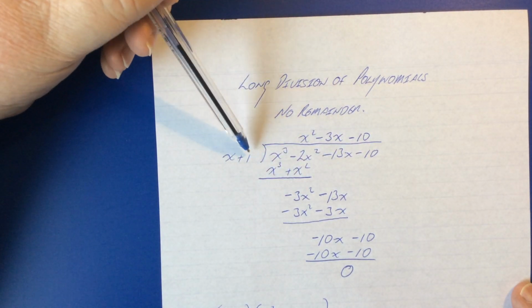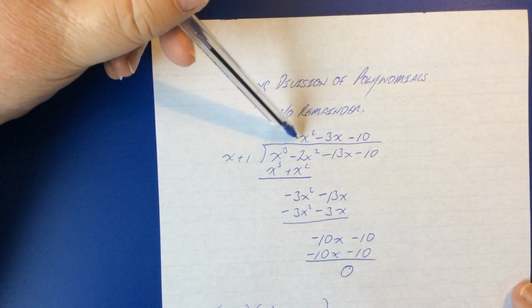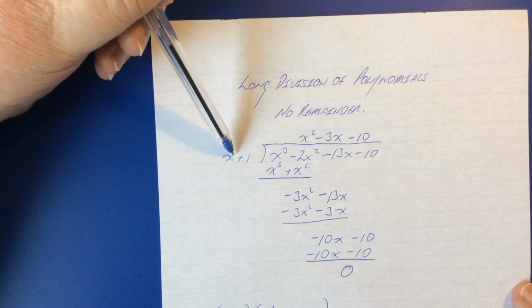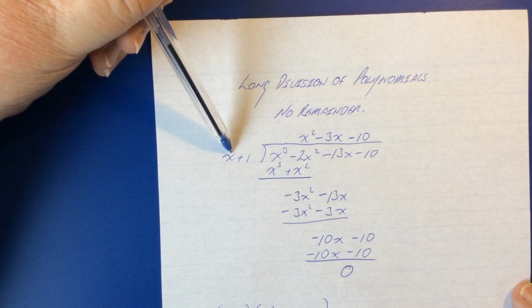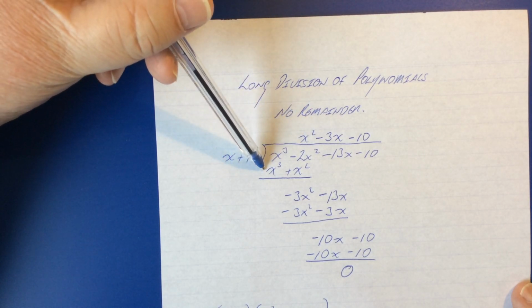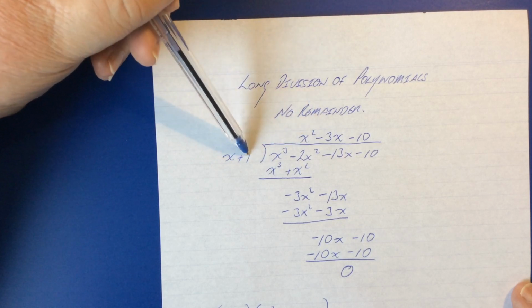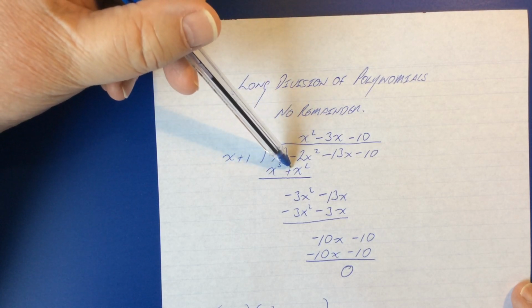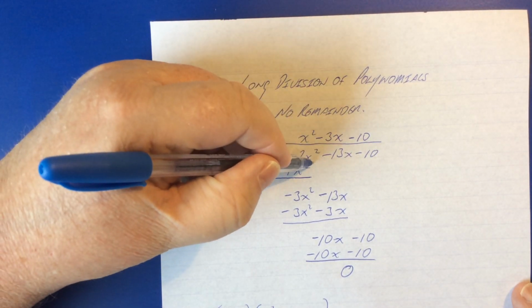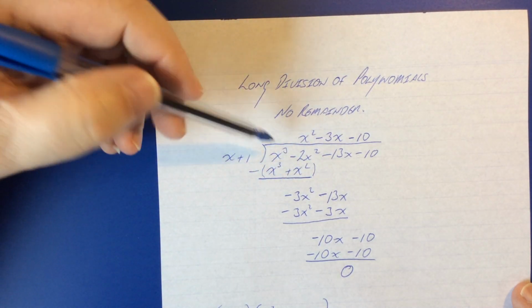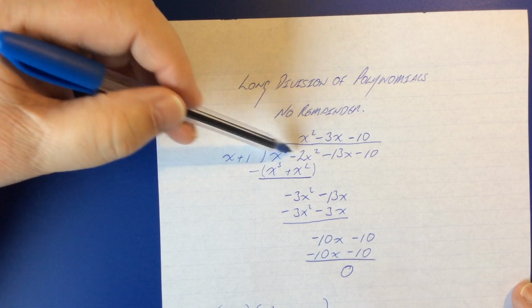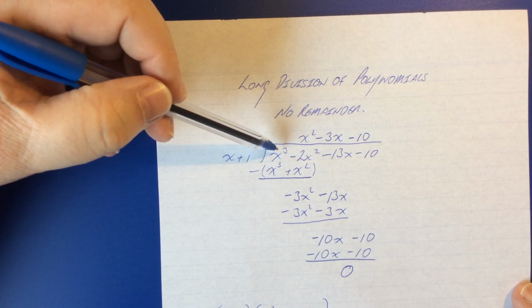Anyway, so we take this x squared and we multiply this expression by it. So x squared times x equals x cubed. x squared times 1 equals x squared. And then we take that away from these two expressions here.